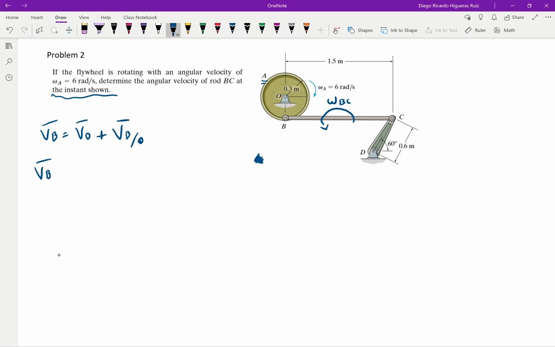Because we know that V naught, the velocity at that point right there, is equal to 0, because that point is not translating. So finally we have VB with respect to O, and that's gonna be omega A, the angular velocity of element A, cross product this distance right here from O to B.